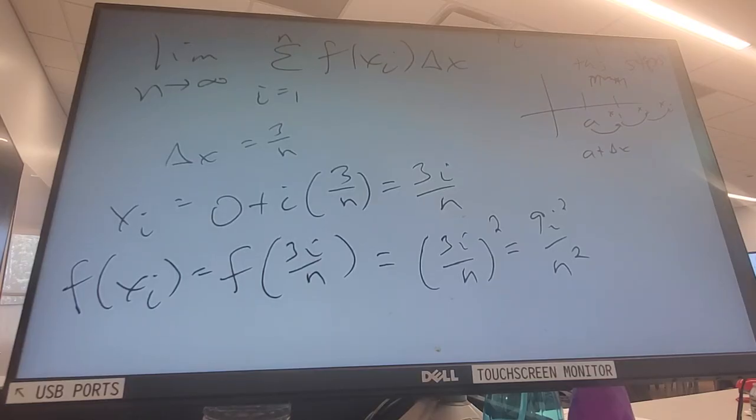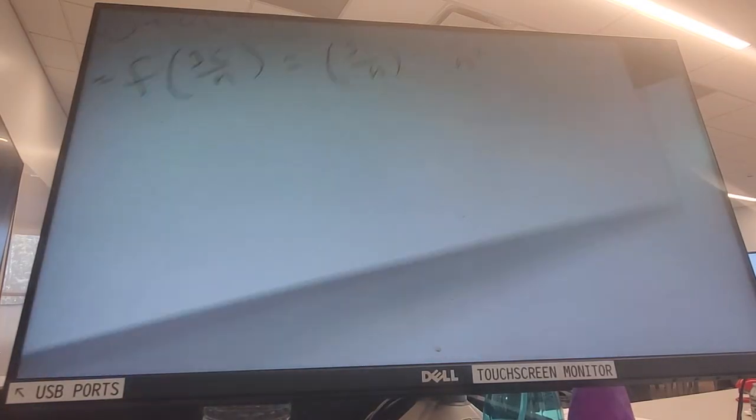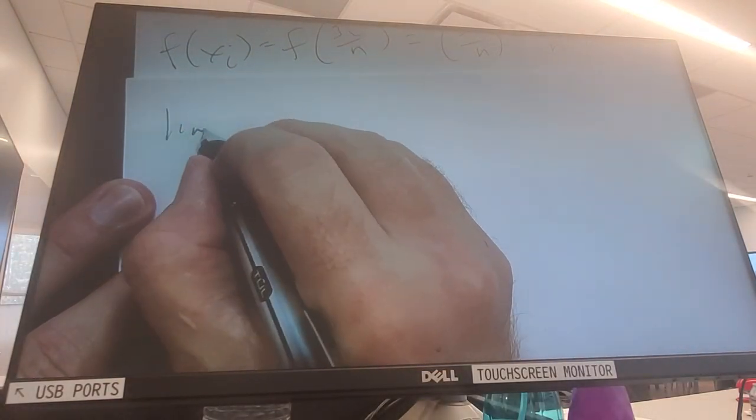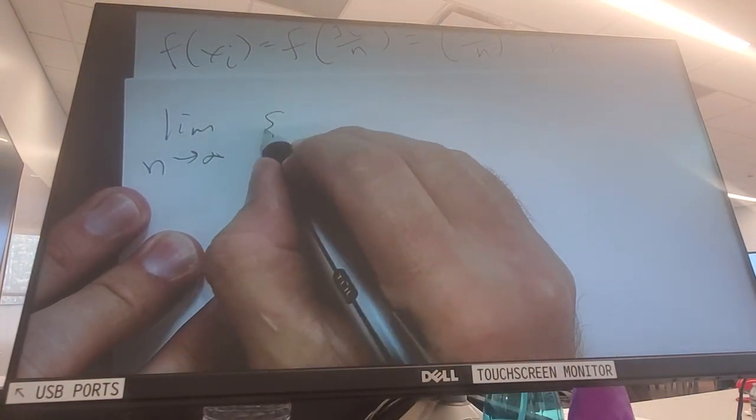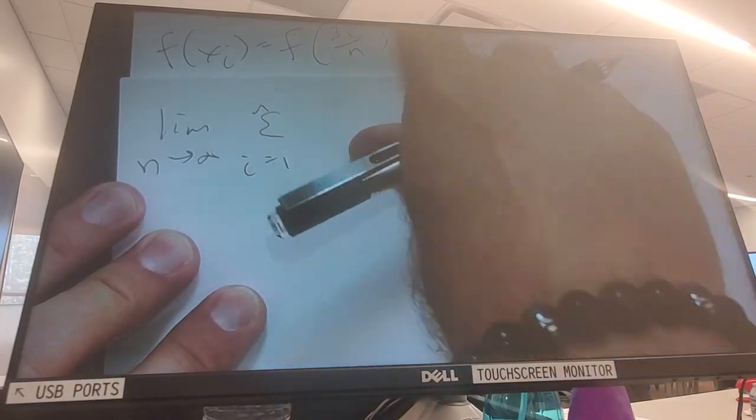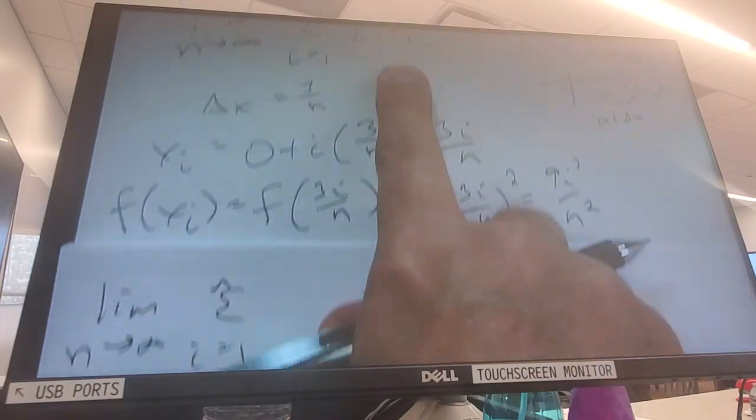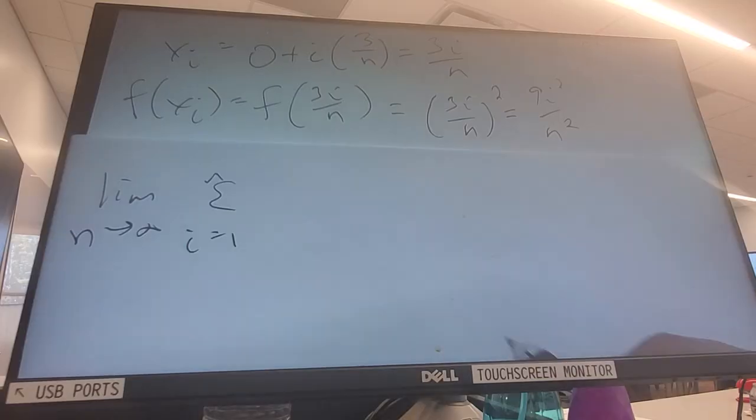So now let's just put all this stuff together. Let's see what this looks like if I put it all together. Ooh, I'm turning the paper this way, so you're like, oh no. So let me put this down again. Limit as n goes to infinity. Sum i equals 1 to n. F of xi is this.